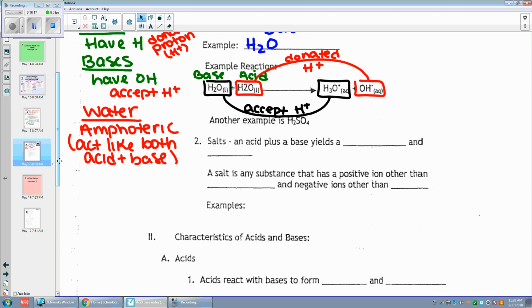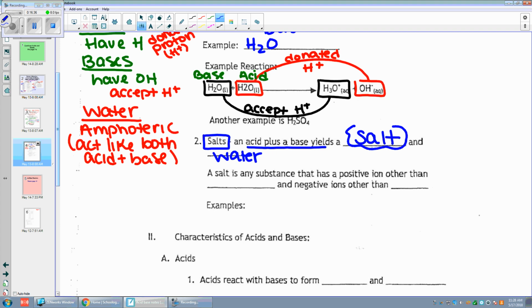I also want to define what a salt is. A salt is always an acid plus a base that yields a salt and water. So we define what our salt is. A salt is any substance that has a positive ion other than H, it can't have H, and a negative ion other than OH.